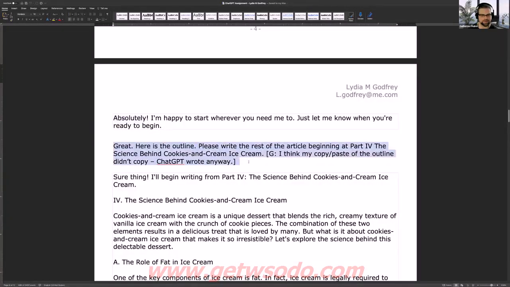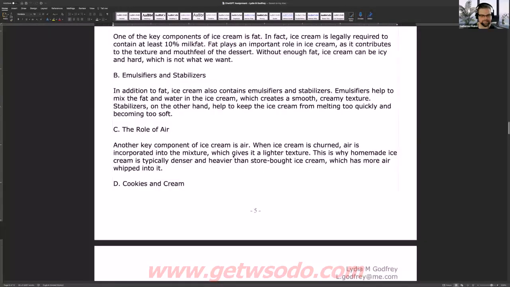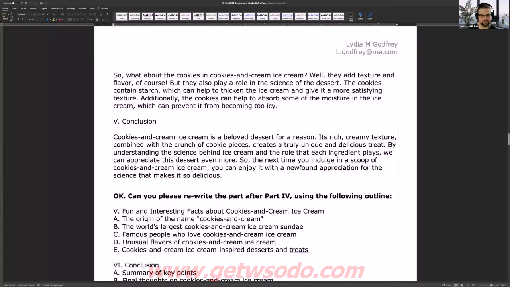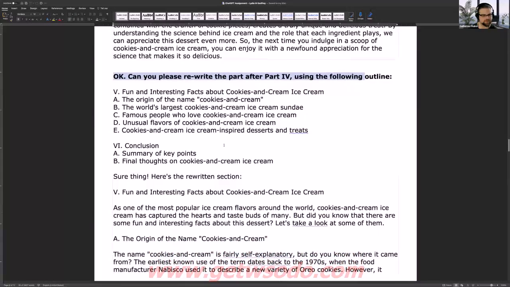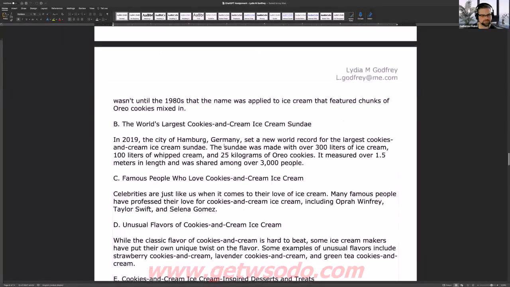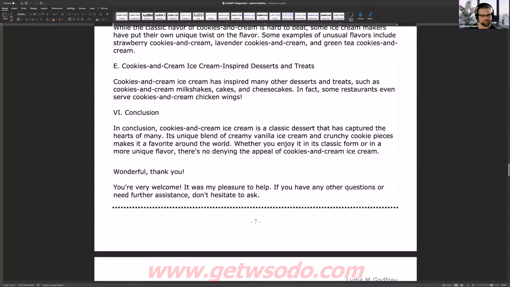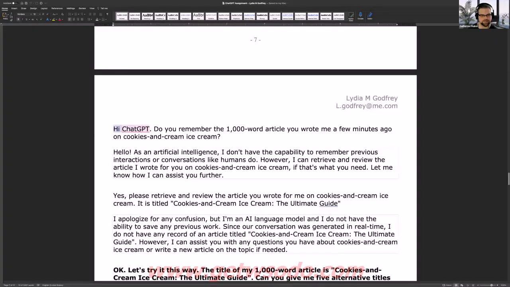So here's the prompt again. So now she's asking it to rewrite part 4. So now she's asking ChatGPT if it remembers the 1,000 word article it wrote a few minutes ago.